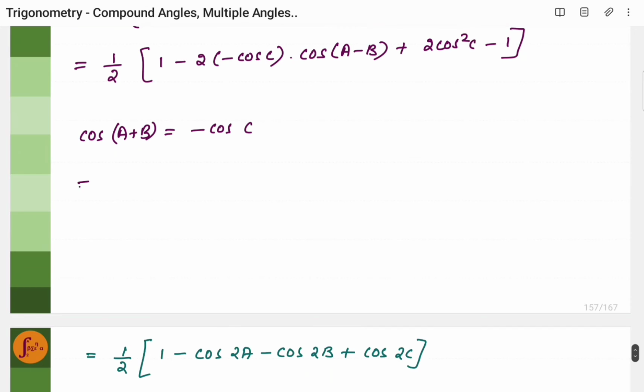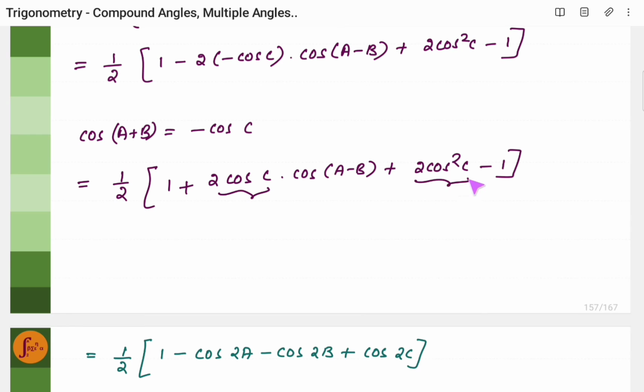So now I'll write this as 1 minus, minus becomes plus, 2 cos C into cos (A − B) plus 2 cos²C − 1.